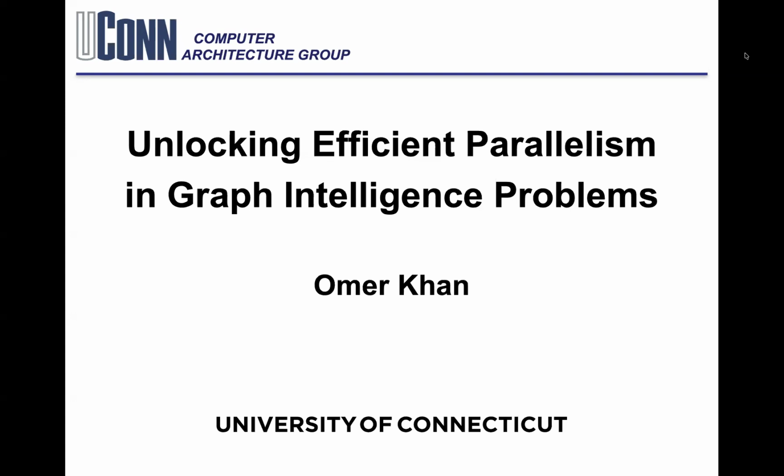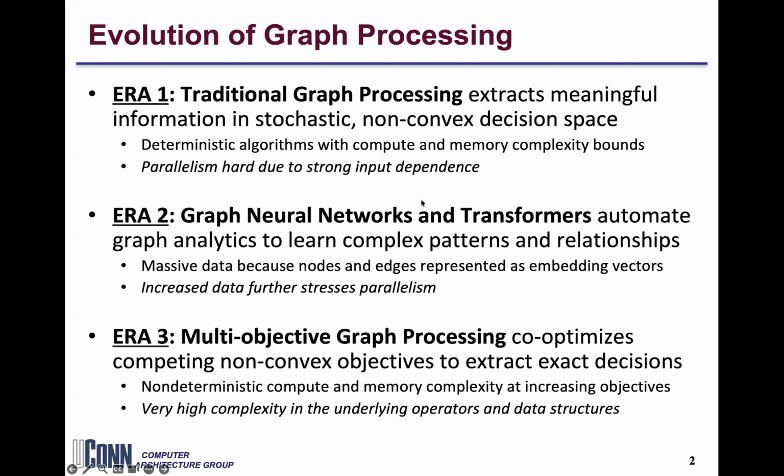The way I look at this problem is in three eras. We had the first era where we looked at traditional graph processing, and there what we have tried to do as a community is to extract meaningful information from this non-convex decision space and make some sense out of it.